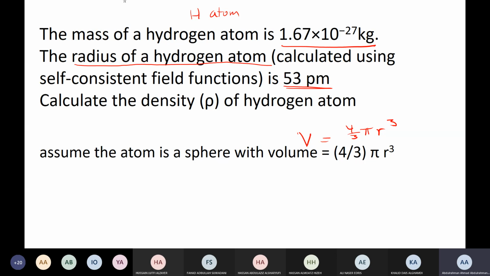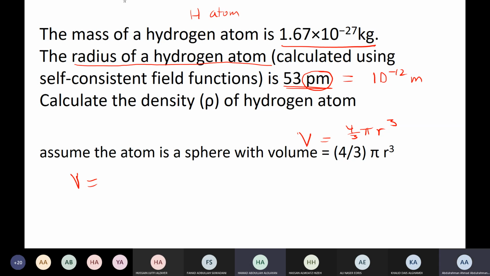What's picometer? 10 to the power minus 12 meter. Can you calculate the volume in meter cube? Quickly, give me the answer. 6.23 multiplied by 10 to the power of minus 51.